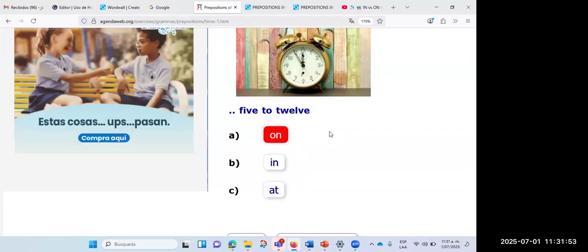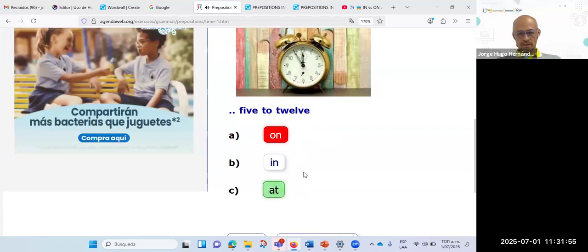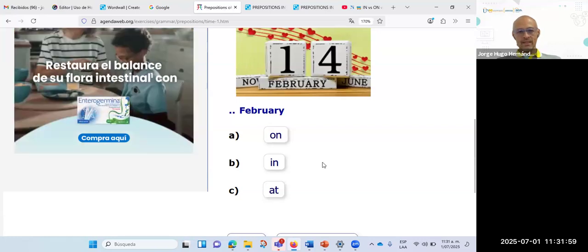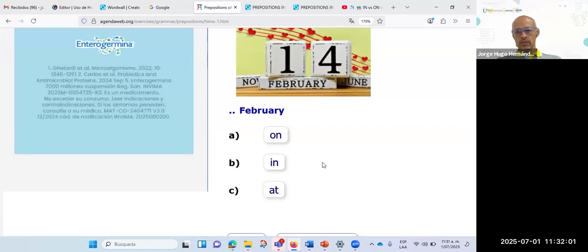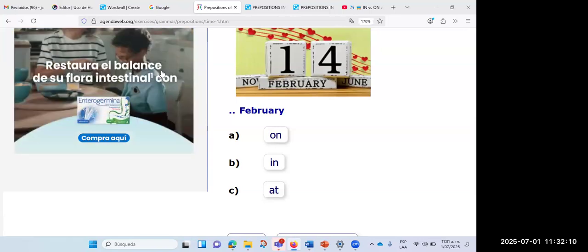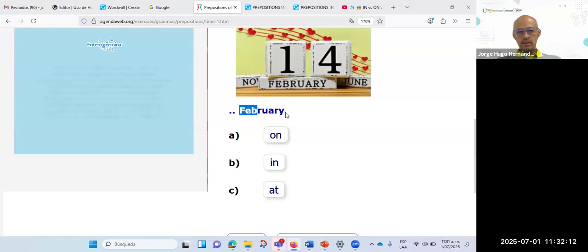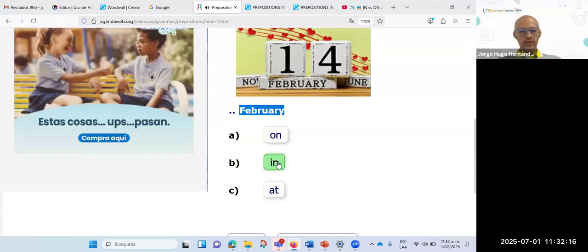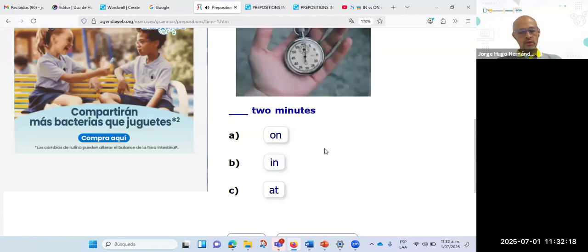At 5 to 12. At, yes. To say the time in English, we always use at. February, Juan Sebastián, continue. On February, because there is the 14th, maybe. No, look at the sentence. It's only the month. Oh, okay. In February.